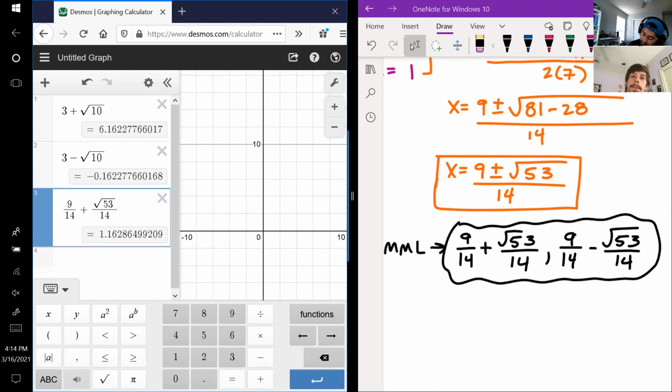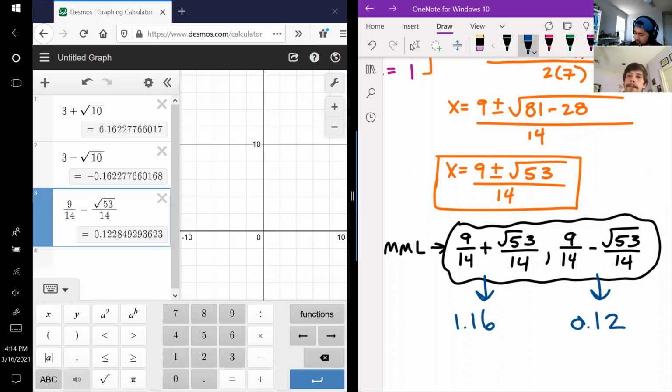And the first answer would be 1.16. And then the second answer, if I just change it to a minus, would be 0.12.